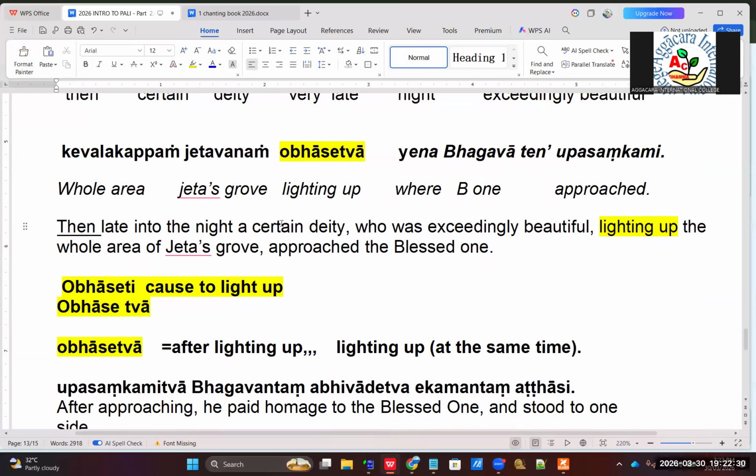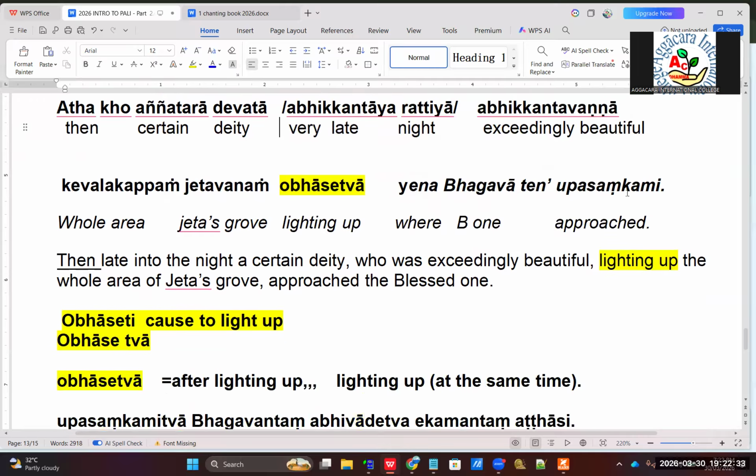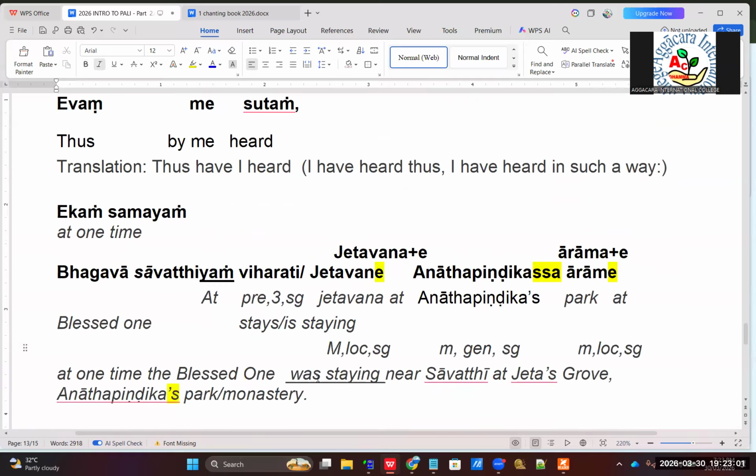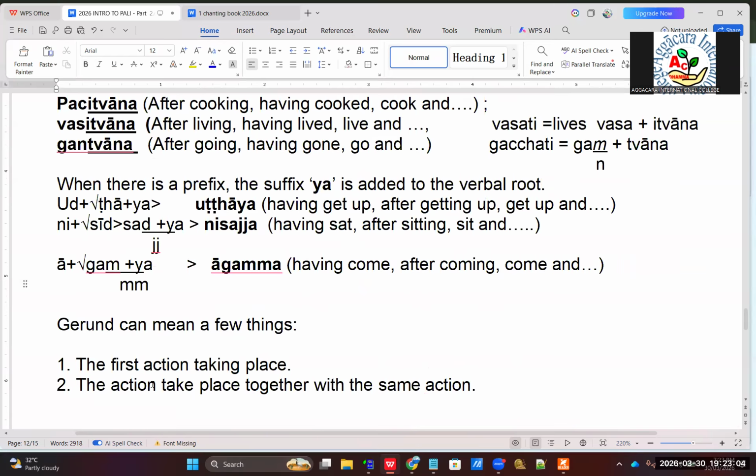Because when the deity approached the Buddha, at the same time the light from the body of the deity lit up. So when he approached, he also lit up at the same time. So he approached the Buddha and lit up. That's why we don't need to put the word after, because it can be taking place together. Can you all follow me?